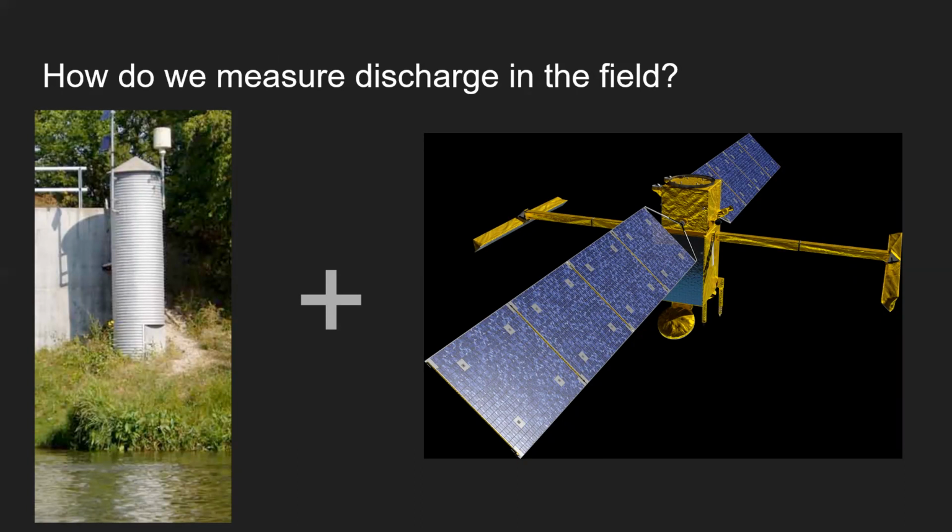This on the right is a photo of the Surface Water Ocean Topography, or SWOT, satellite, that our lab is going to help calibrate, validate, and launch in the next year. It's a radar satellite, and what it will do is measure water surface elevation. And from there, we're computing an algorithm to get from water surface elevation to discharge for large rivers, about 90, 100 meters plus, all over the world.